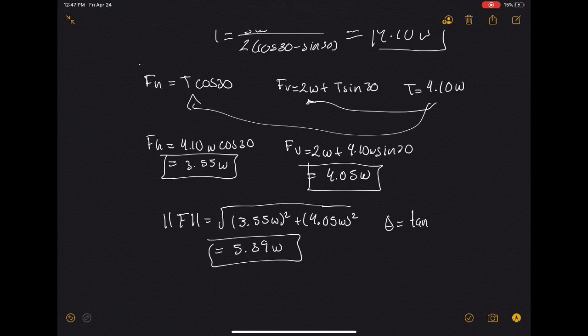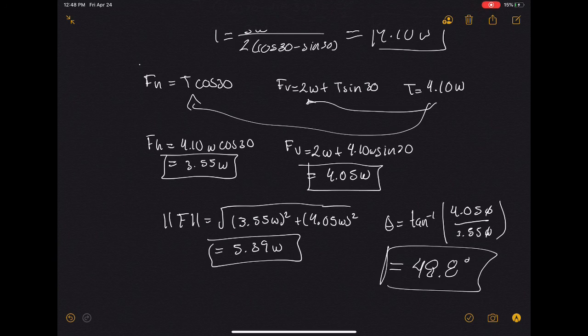So we know that inverse tangent is going to give us the angle, 4.05 W over 3.55 W. We can cancel the W's, and we're going to get 48.8 degrees. And that's it.